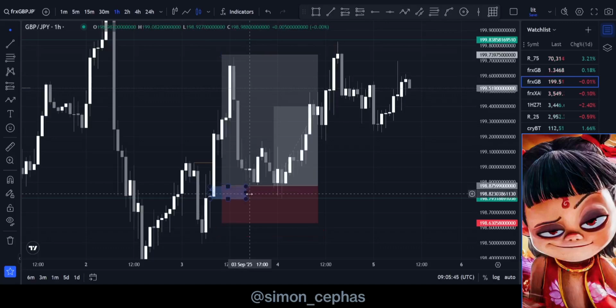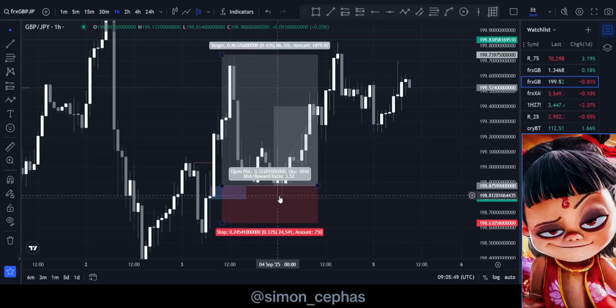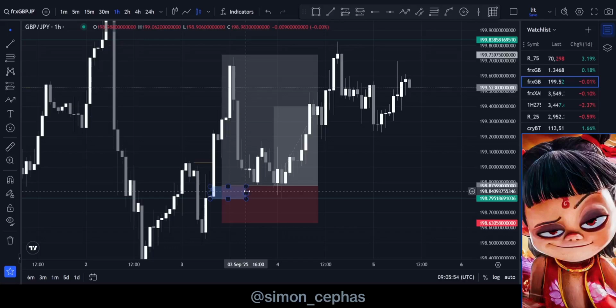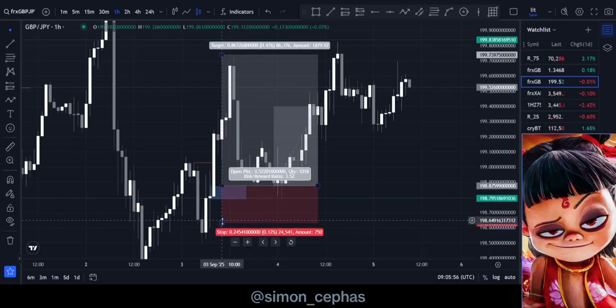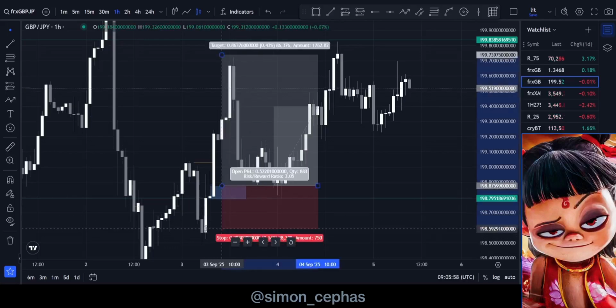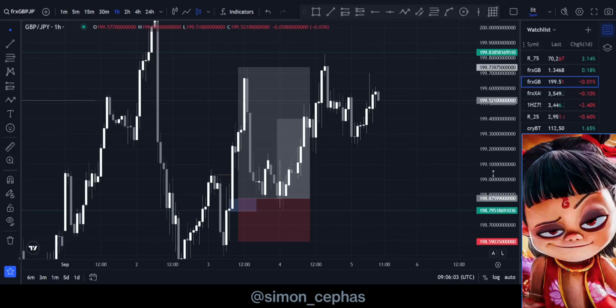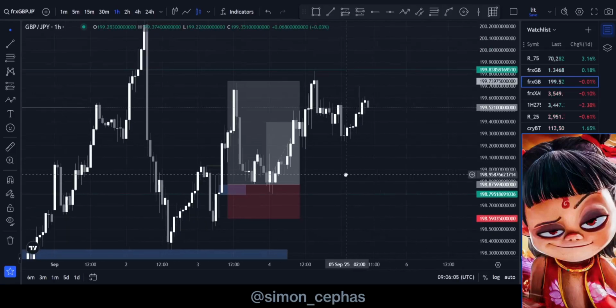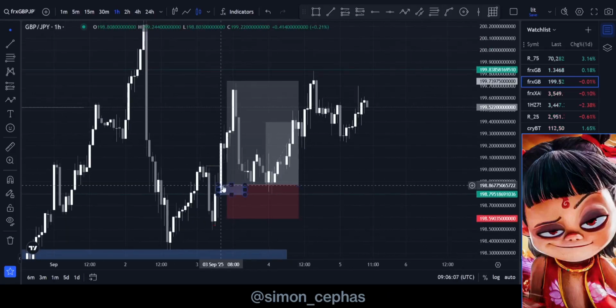I should actually take the trade on this line, but I took it on the other block. Then my stop loss was here, this last candle here, like this. So this is why I took the trade, because of this other block on my support line, right?